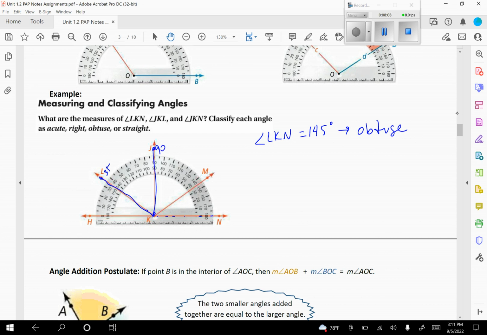So we want angle JKL. You would do 90 minus 35. So 90 minus 30 is 60. Take away 5 more, so it's 55. So it's 55 degrees, and that would make it acute.